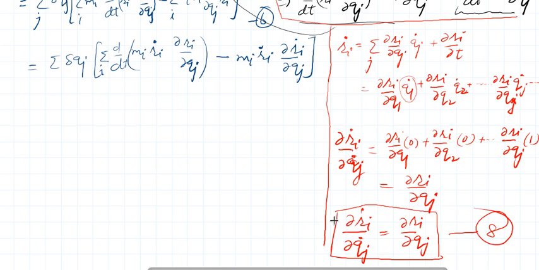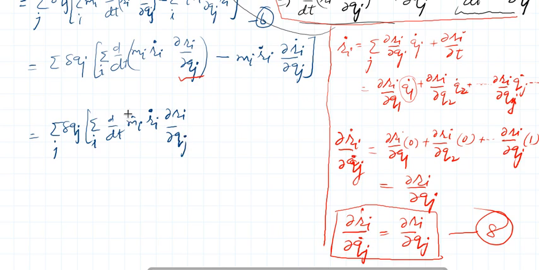Using this value here, this equation will become δqj, summation over j, summation over i, d/dt of mi Ṙi · ∂Ri/∂qj, sorry, it's not plus, it's minus mi.